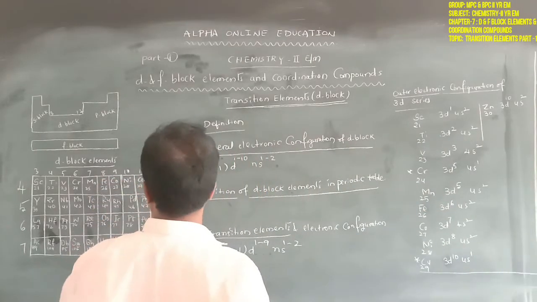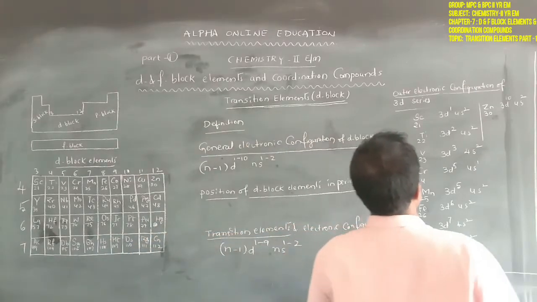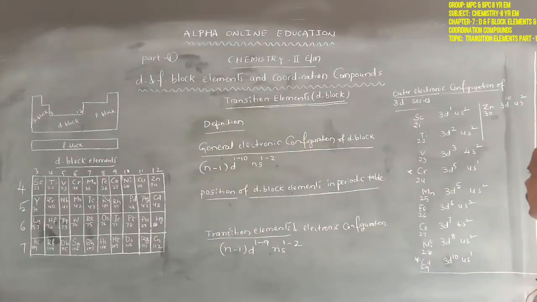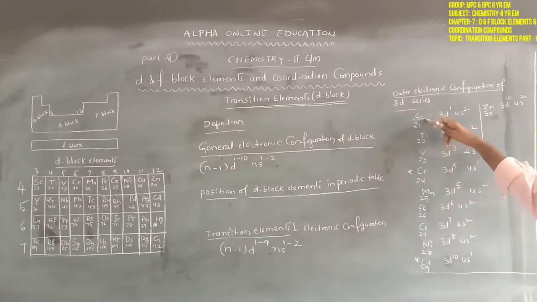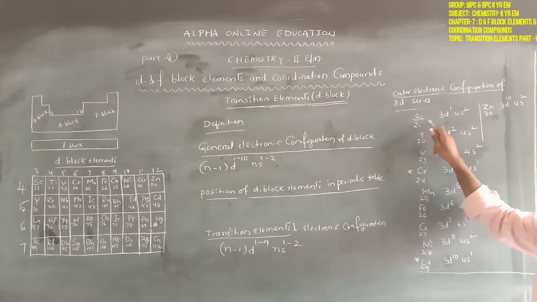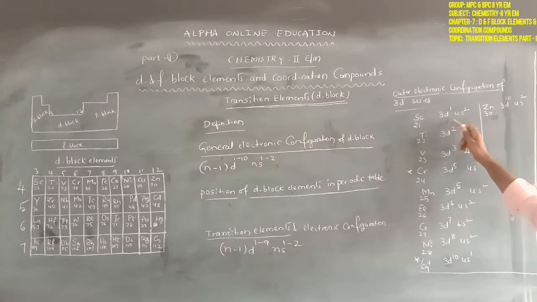Then take the electron configuration of 3d series elements, scandium to zinc. In scandium, the differentiating electron enters the n-1 d orbital.